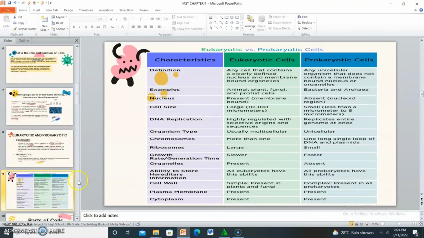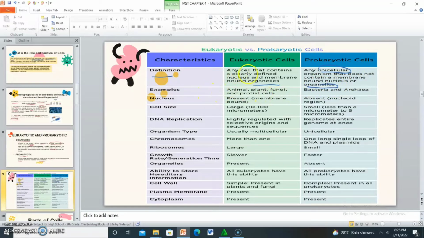What is the difference between eukaryotic and prokaryotic cells? In terms of definition, eukaryotic cells are any cells that contain a clearly defined nucleus and membrane-bound organelles, while prokaryotic cells are any unicellular organisms that do not contain a membrane-bound nucleus or organelles.